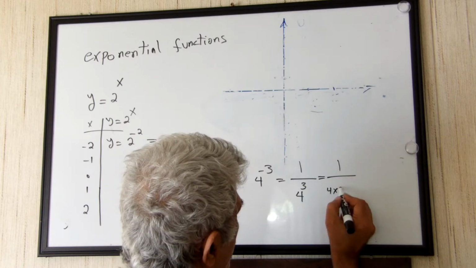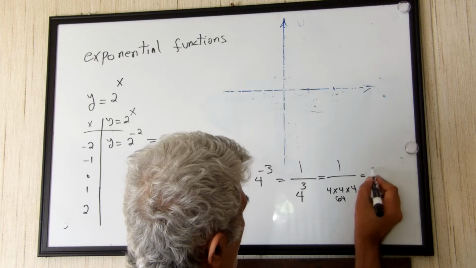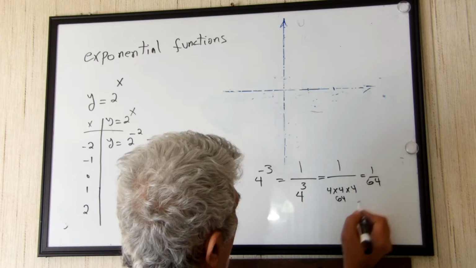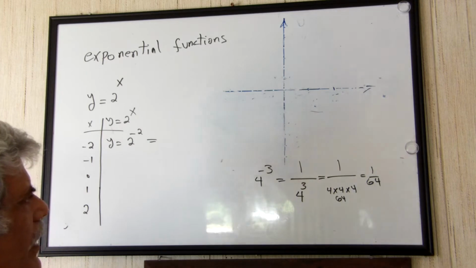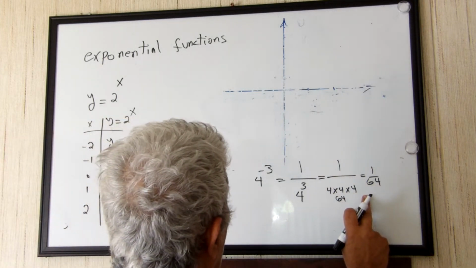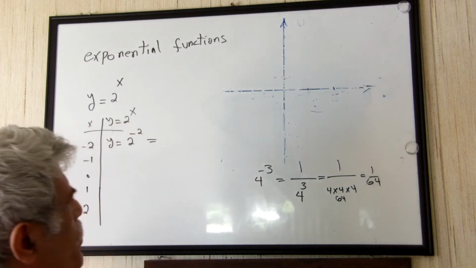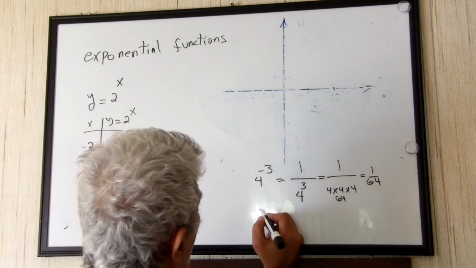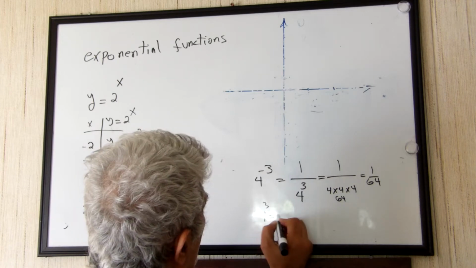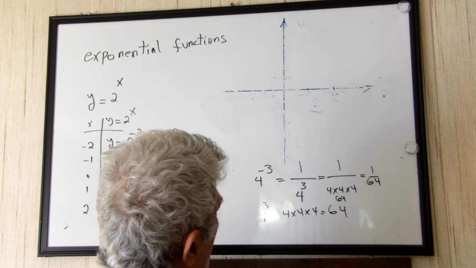It means 4 times 4 times 4, 16, 64. So it is 1 over 64.